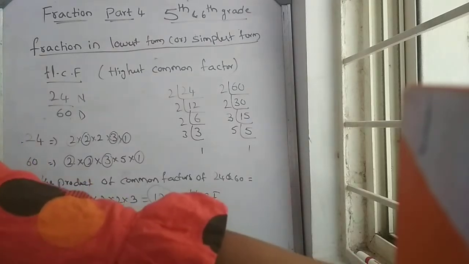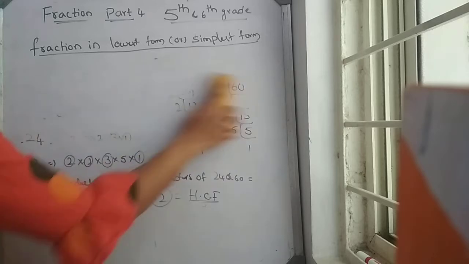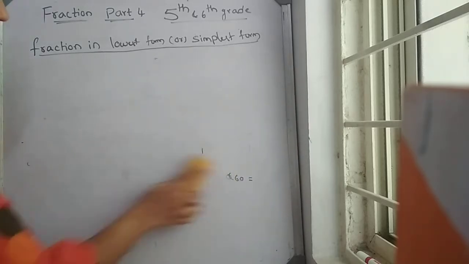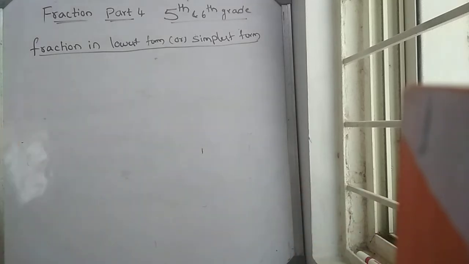Now I will teach the topic for today: fraction in lowest term. A fraction is said to be in lowest term, in simplest form, if the HCF of the numerator and the denominator is 1.